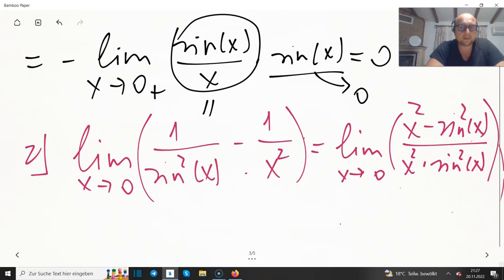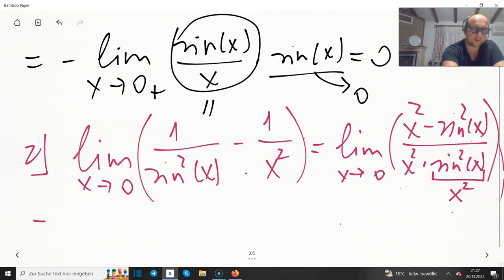Let's remember that x is exactly like sine of x if we are very close to 0. And we are very close to 0. So instead of using sine squared here, let's maybe substitute by x squared. I'm not changing anything.